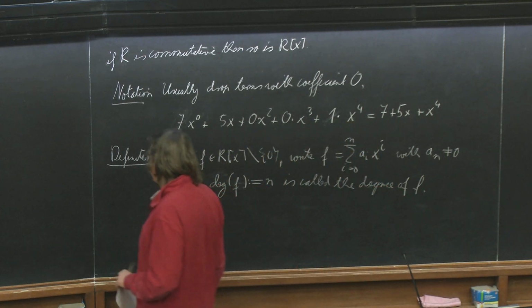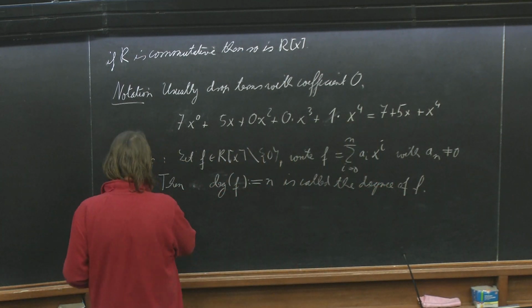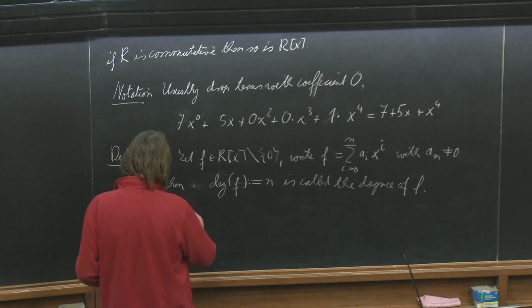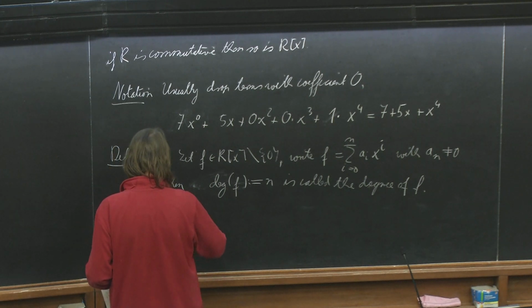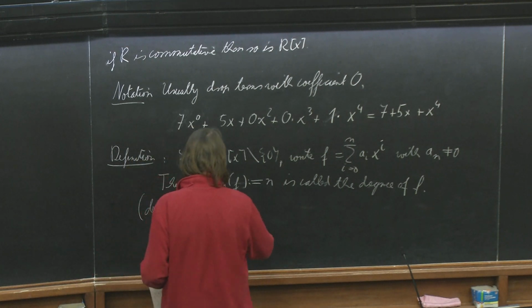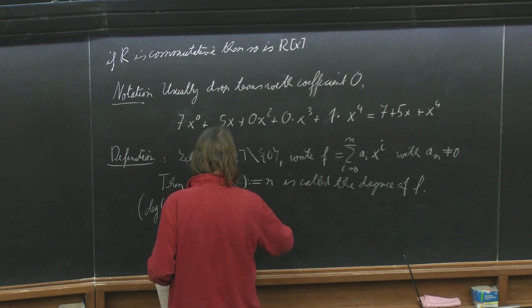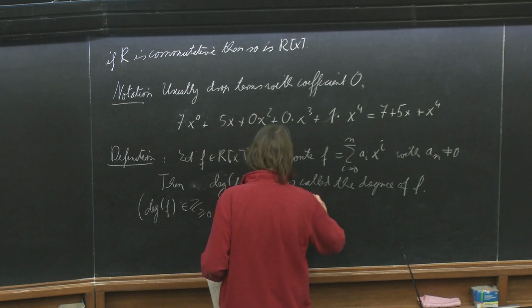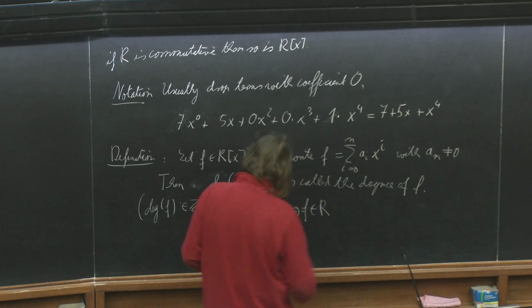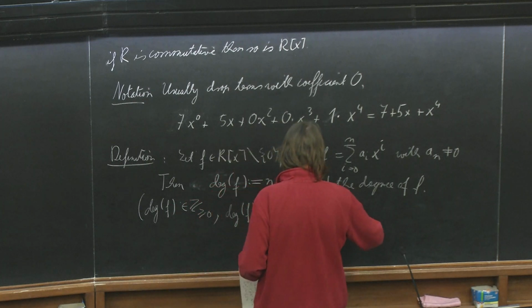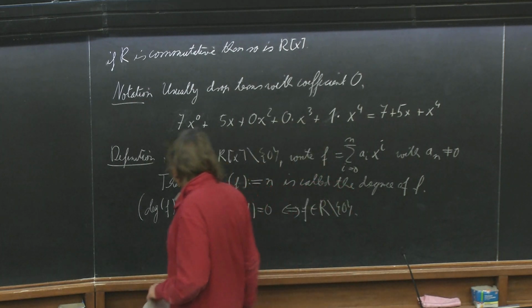So obviously by definition, it's clear that the degree of f is a non-negative integer, and the degree of f equals 0 if and only if f is a constant polynomial. I mean, a non-zero constant polynomial.